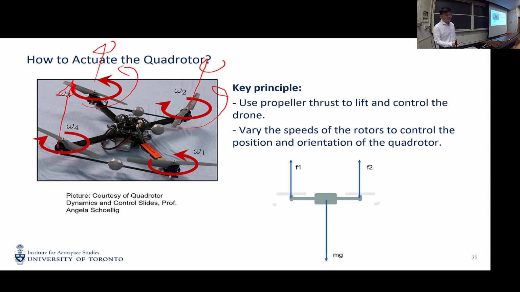The key principle here is that if we can manipulate the lift on each propeller, then we can manipulate the net torque and the net lift force on the platform. For example, if we want the drone to hover at this position, then we need the force on each propeller to be exactly a quarter of the total gravity force.